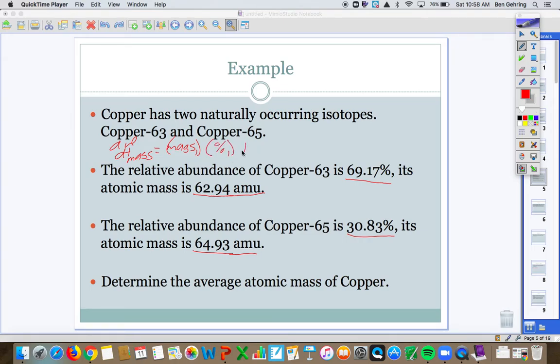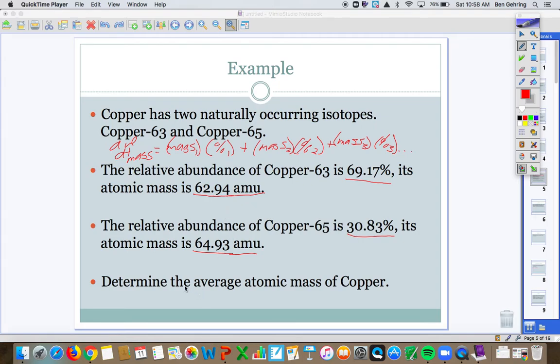It doesn't really matter which one's 1 and which is 2. You're going to add to it mass 2 times percent 2. And sometimes we can have more, so plus mass 3 times percent 3, etc.